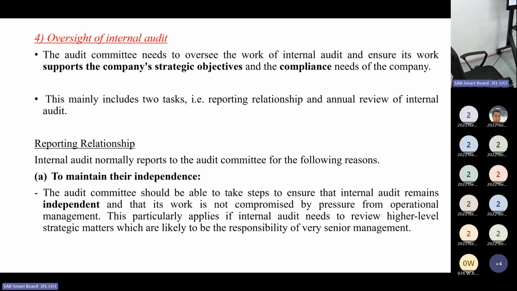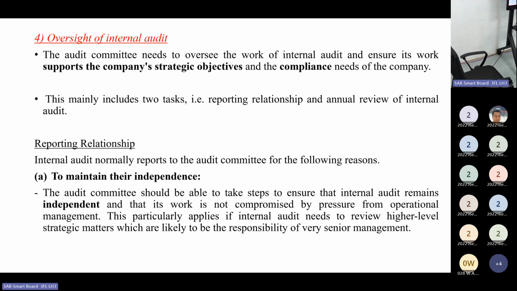So when they are reporting to the audit committee, they are free to express what they are finding. Right? They are free to express. That is what is meant by maintaining their independence.